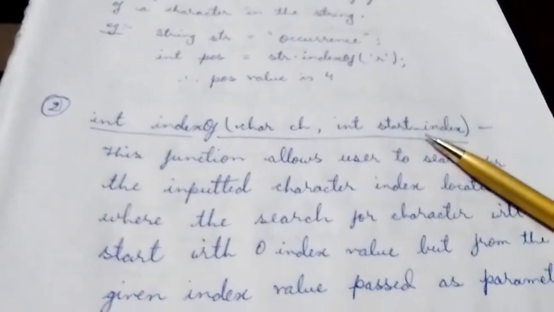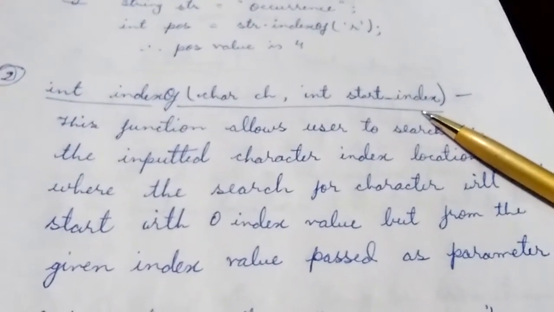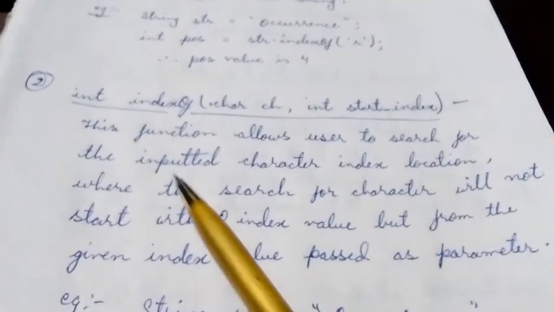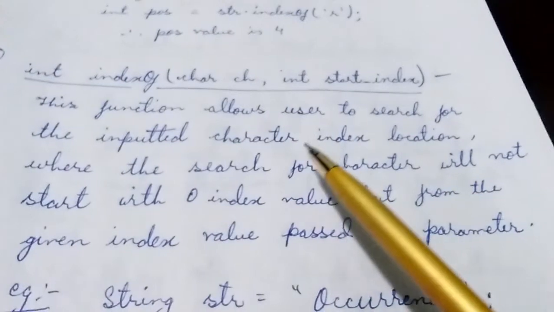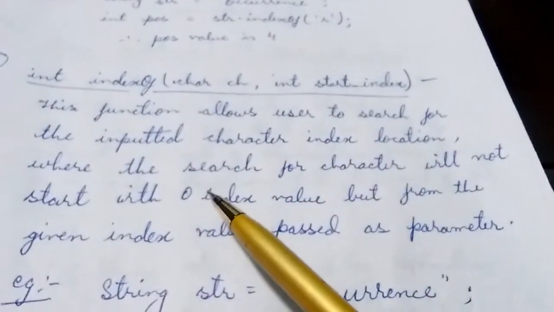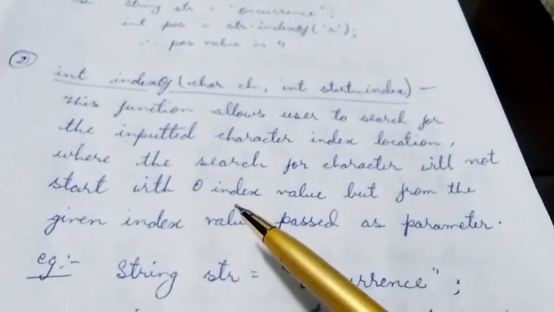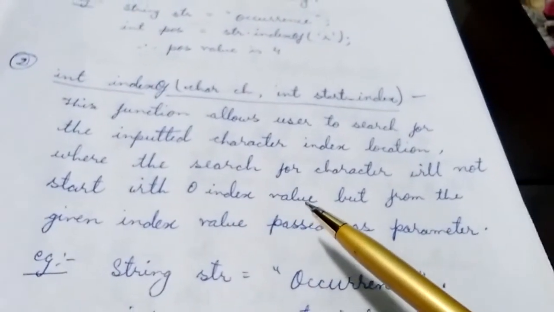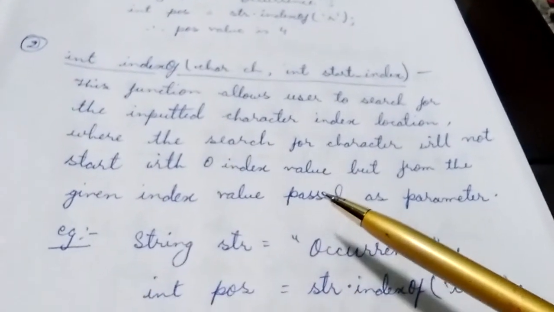When we say a starting value, it means from where you want to start the search. So the function allows the user to search for the inputted character's index location, where the search will not start with index 0 but from the given index value passed as parameter.